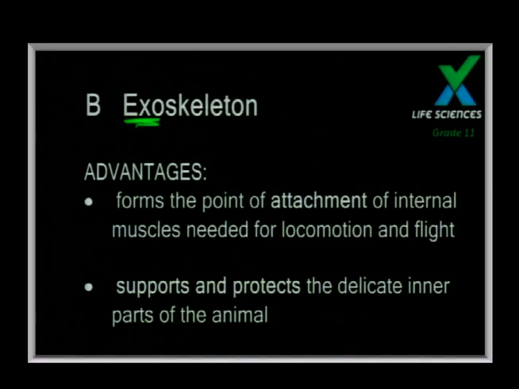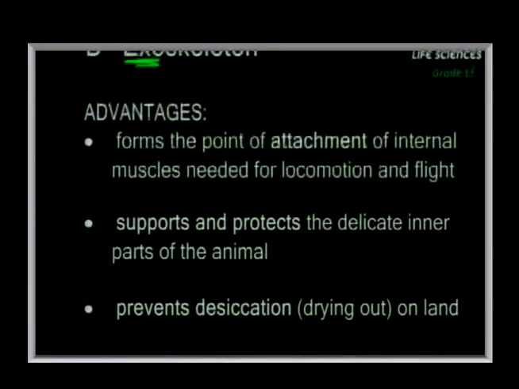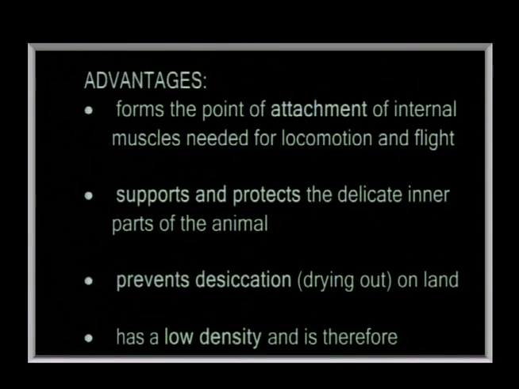All right, exoskeleton advantages. Now think about it, people. It forms a point of attachment of the internal muscles needed for locomotion and flight. So if it was an ant, it would be just locomotion. In the case of the dragonfly, locomotion and flight.